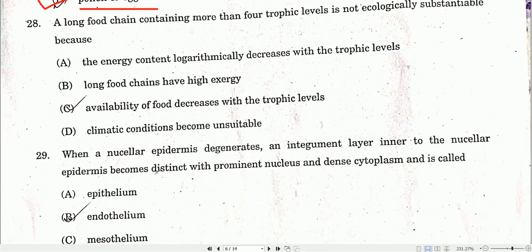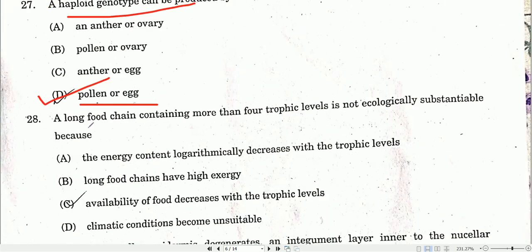Coming to question number 28, a long food chain containing more than 4 trophic levels is not ecologically sustainable because, the energy content logarithmically decreases with the trophic level. When we go from the lower trophic level to higher trophic level, there will be a subsequent decrease in the energy level.